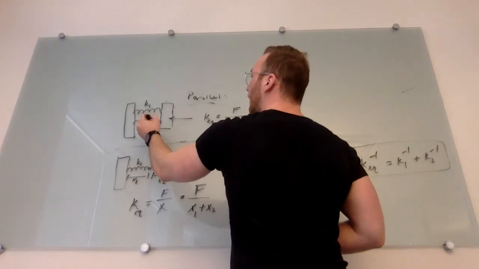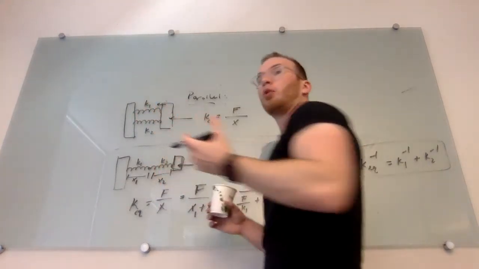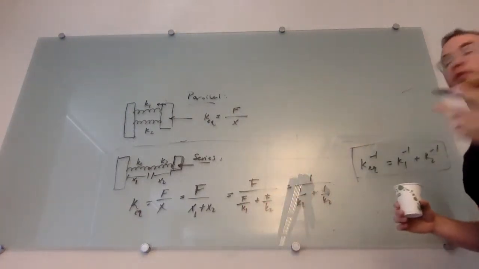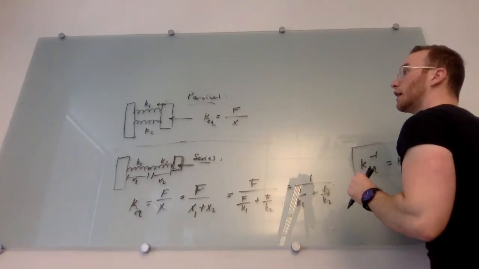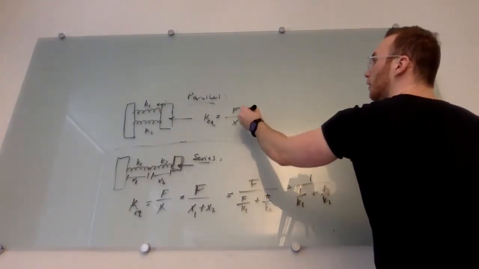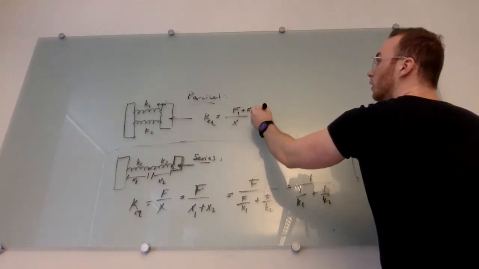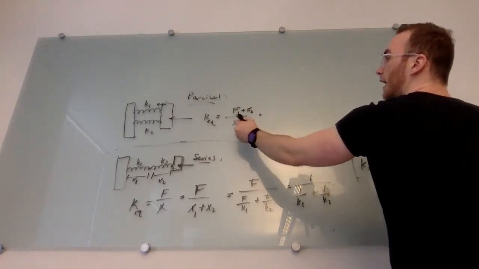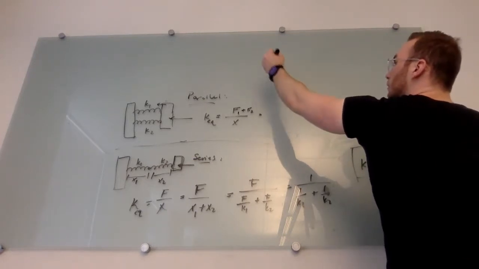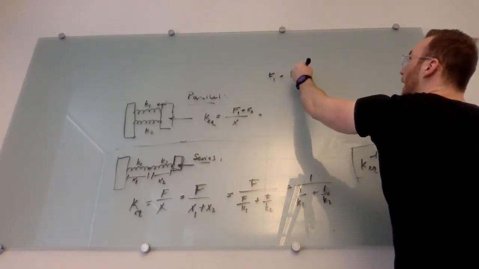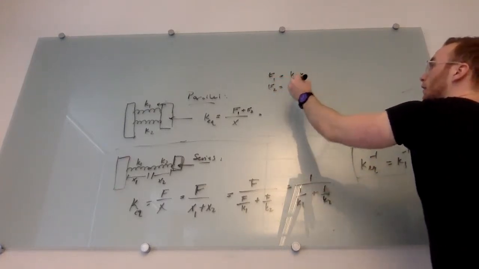If you compress this a distance x, you have to compress both of them, so the force you'll get is the sum of the individual forces. So F is F1 plus F2, and x is constant, and F1 is k1 x, and F2 is k2 x.